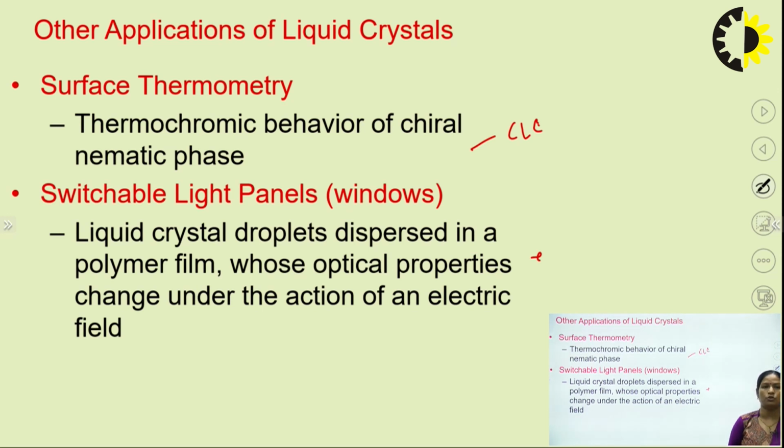So when these droplets are dispersed over a polymer film, this polymer film can change color with light effect. These can be used in the formation of windows known as smart windows, which are switchable light panels and work on nematic liquid crystal type of system.